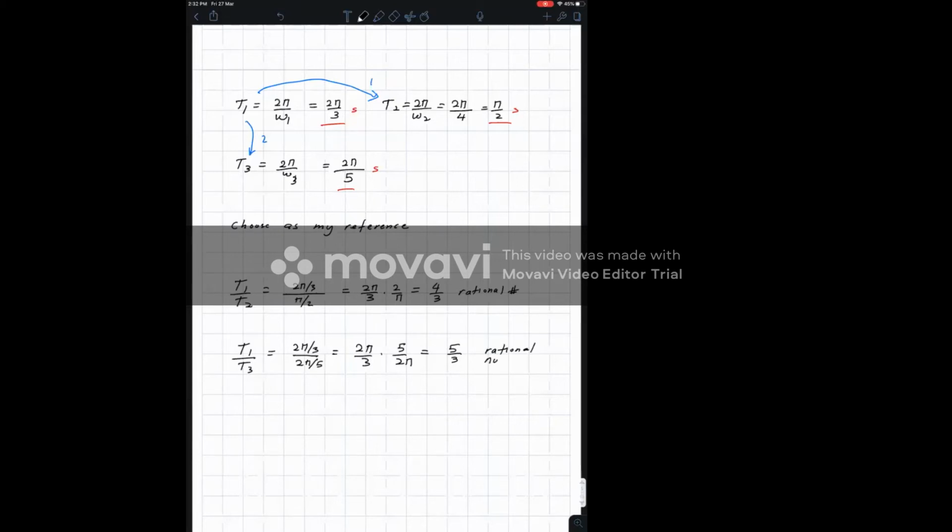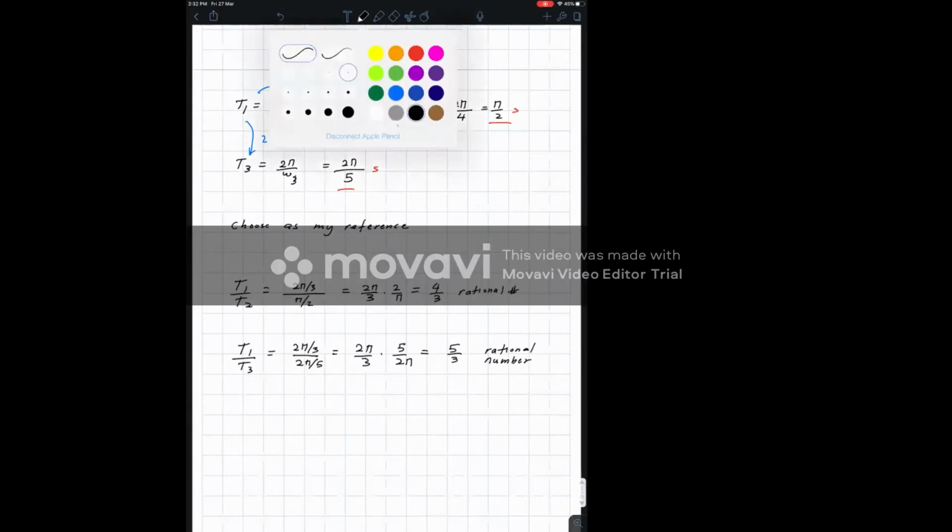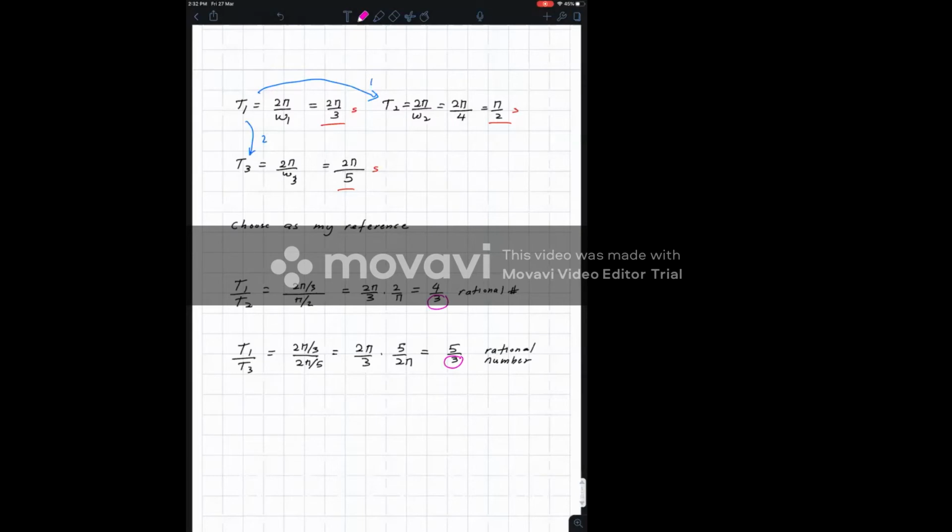So we have two rational numbers. If you note very carefully, the two rational numbers have the same denominator. Please note this.